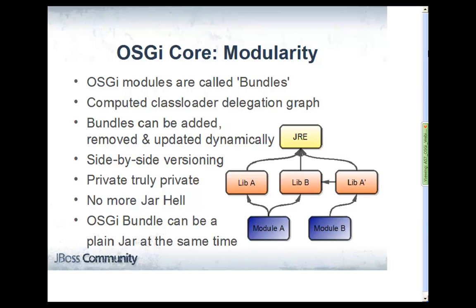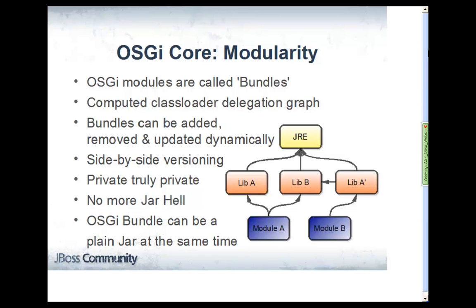Another feature is that you have truly private packages, which is not necessarily the case by the Java language on its own. Because as you remember, in the Java language, you have public packages, you have package protected, and you have private packages. However, not every public package that you have in your jar file, you really want to be used from third-party clients.